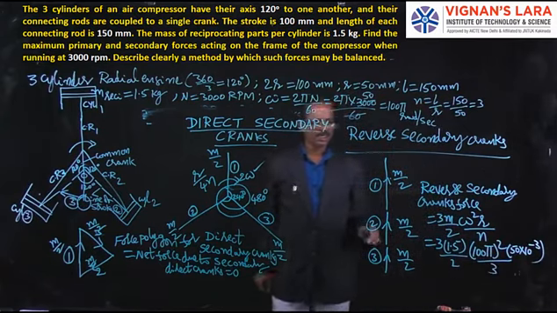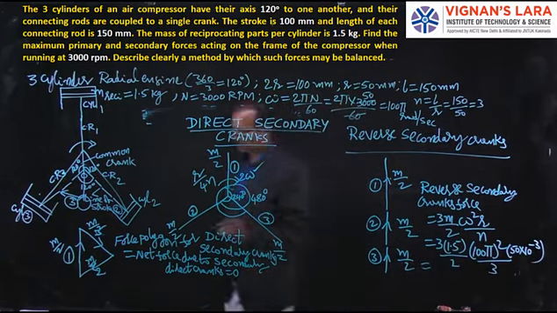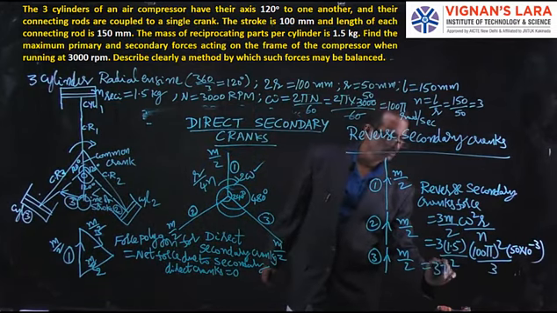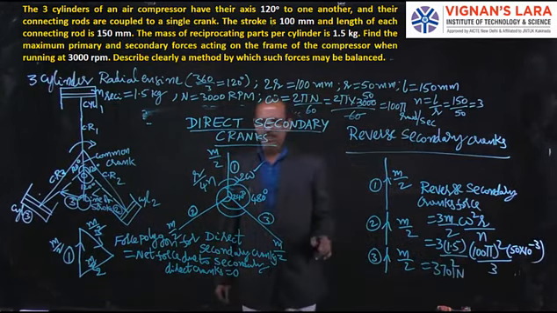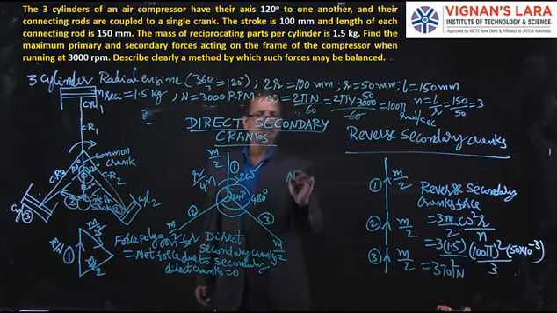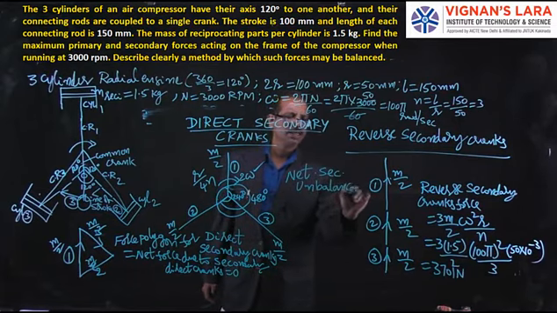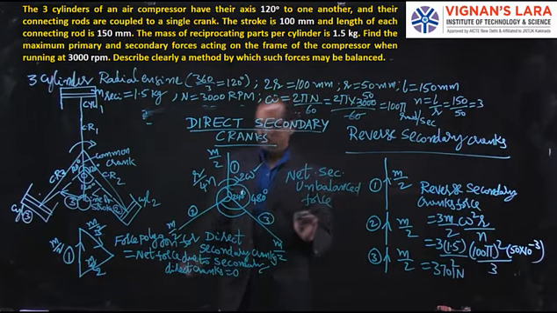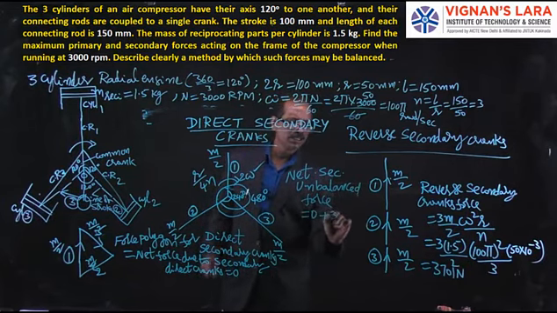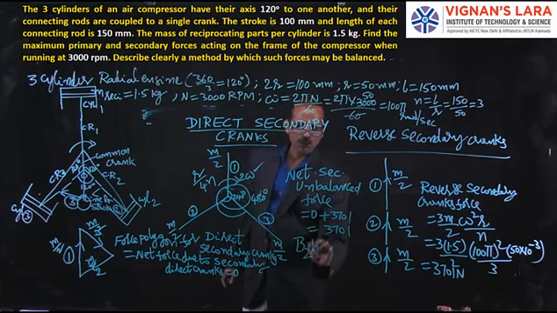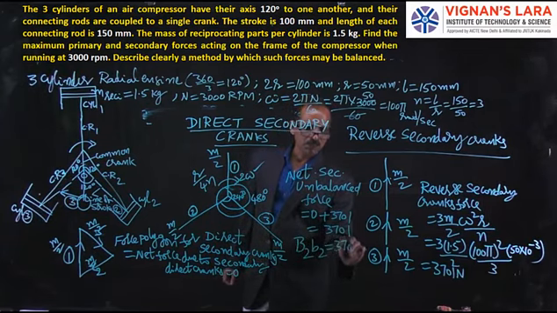So that gives you the amount of the force as 3701 Newton. Then the net secondary unbalanced force is 0 plus this 3701. Total is 3701, and this is balanced by introducing a mass B2 at a location of B2.